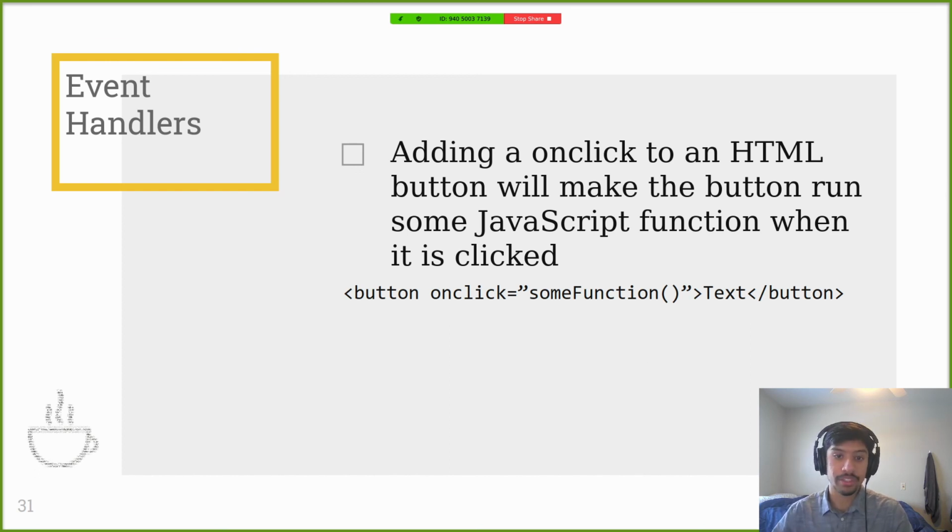In this little example, the text is some button, and the HTML property onclick equals quote quote, like any other HTML property. Inside the quotes, I put the name of a JavaScript function, in this case, some function. It'll actually run some function whenever I press the button.